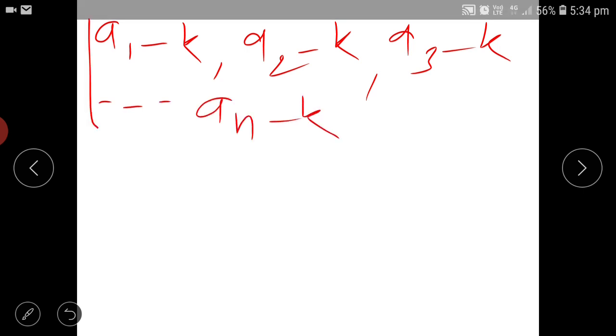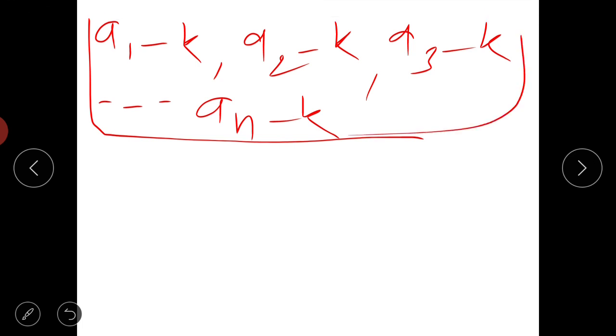This sequence is also an AP. Got it? Third, if we multiply any constant k with each term of an AP, then the new sequence is also in AP.